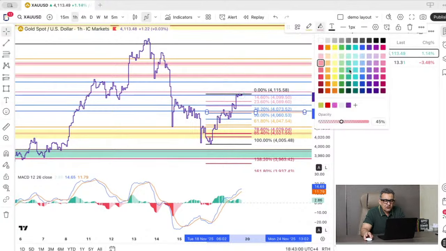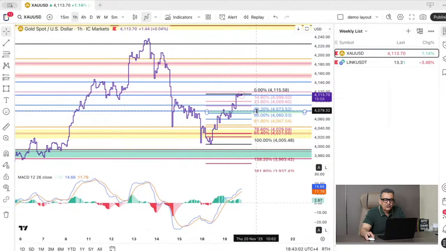So if you are looking for a short-term play, then 4080 or maybe a deeper correction towards 4060 will give you the opportunity to join the buyers, and you can hold your buy trades for the first target of 4155 followed by 4180 or 85 and further up towards 4265.